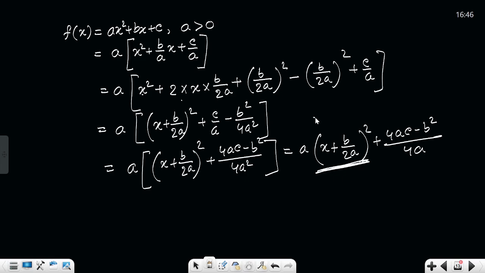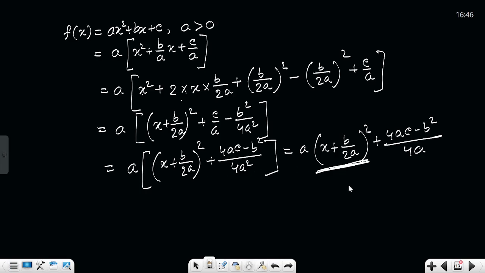If this whole term is minimum, I assume a is greater than 0, then we can get the minimum value of f(x). So first we need to find when this is minimum, and then we can find the minimum value of f(x).